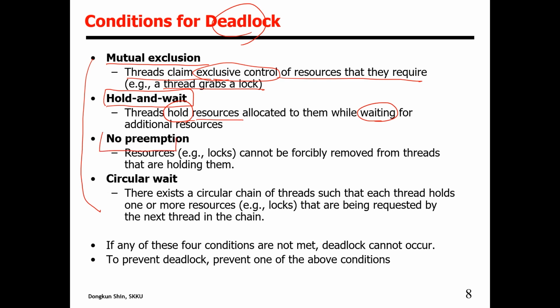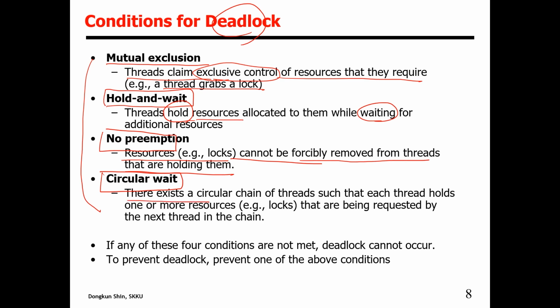The third condition is no preemption. Resources such as locks cannot be forcibly removed from the threads that are holding them. So if a thread holds a resource, it will not release it. Then the last condition is circular wait.